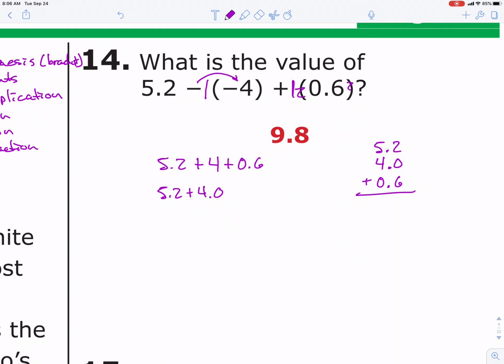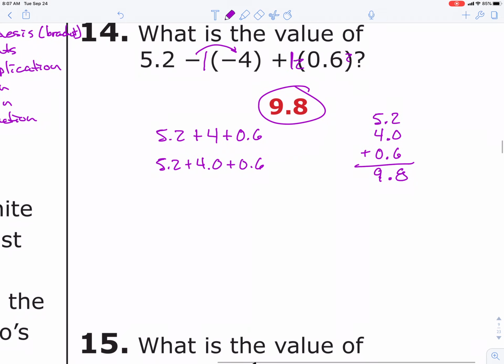And I just lined up my decimals, and I'm going to add down. 2 plus 6, 8. 5 plus 4, 9. My decimal comes straight down. That's how they get 9.8. It's not terribly difficult once you really think about how you would normally do these problems. There's a lot of different ways to go after them.